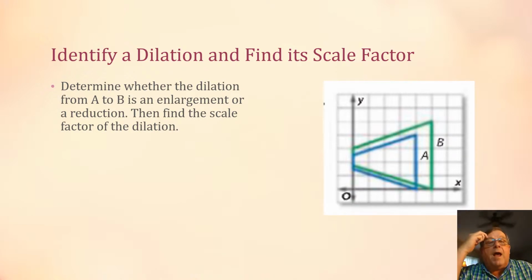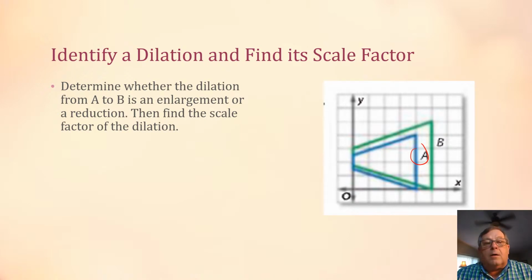And so here we're asked to identify a dilation and then find its scale factor of these two objects. Now, if I think about this object, let's pick this color. Object A, which is this smaller triangular shape, although we see that it's kind of cut off there at the y-axis.